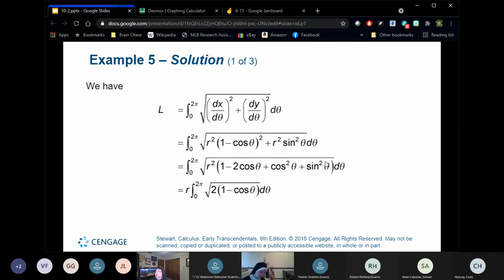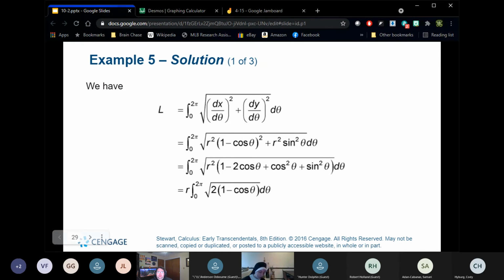Now that cosine squared theta plus sine squared theta is 1, so that piece disappears. And I can pull out the r squared because it's a constant, so I pull it all the way out in front, and it's just r because I took the square root of r squared. So I'm left with, inside, 2 times 1 minus cosine theta.